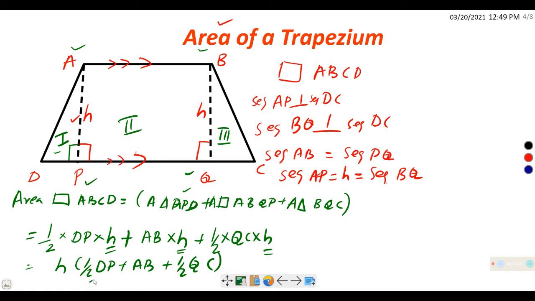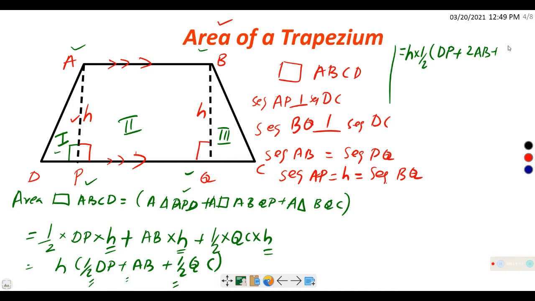Again, we can see that half is common here, half is common here, there is no half over here, but we can rewrite it as, I'm writing it over here, h into, and I'm taking half also outside, h into half into, instead of half DP I will write DP, plus instead of AB I will write 2AB. 2AB will cancel this 2 and 2 and it will become AB.